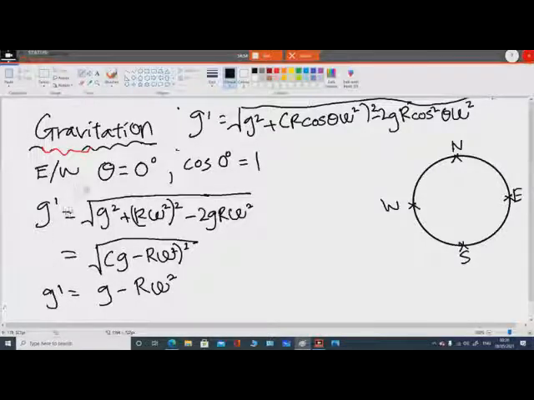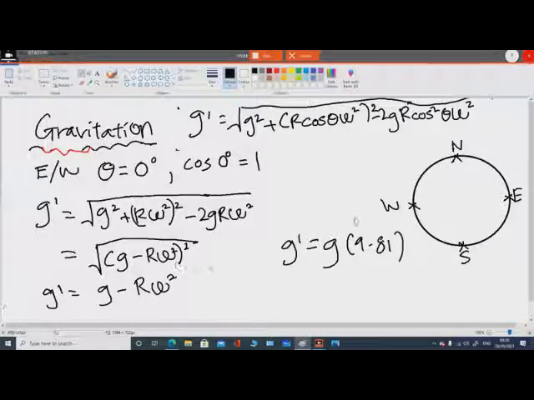Okay, as we can see, at the east or the west, g prime is equal to g minus r omega squared. At the North Pole or South Pole, g prime is equal to g. So we can conclude that when the object is at the North Pole or the South Pole, the gravitational field strength is equal to 9.81.